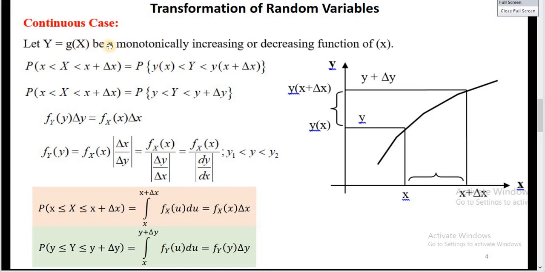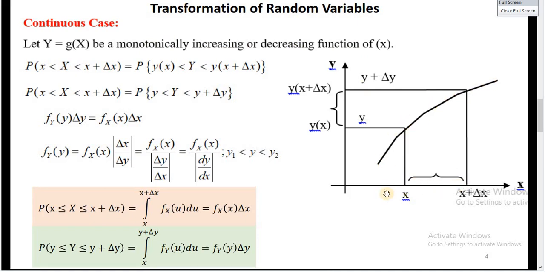So we are avoiding this situation where the function is constant. So our transformation has a condition that the transformed function y equals g of x is either increasing or decreasing. This is an example of a monotonic function.